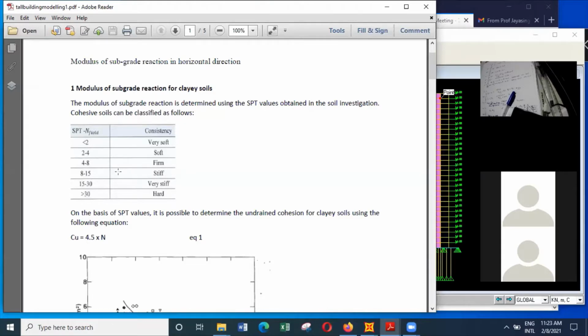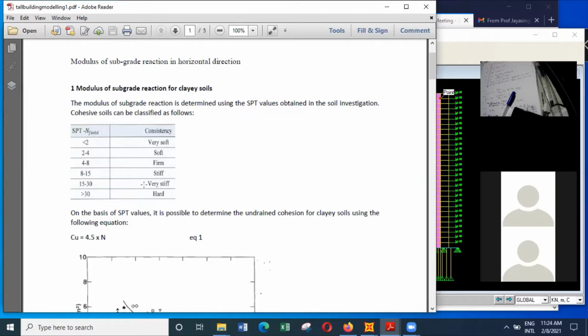Whereas, if you have a clay soil and you are getting a SPT between 8 to 15, then you can see it's a reasonably strong soil. Maybe the bearing capacity may be around 60 to 75 kilonewtons per meter squared. And then if you get a SPT value of between 15 to 30, then it will be a fairly hard clay soil.